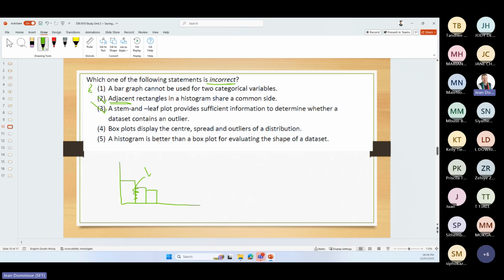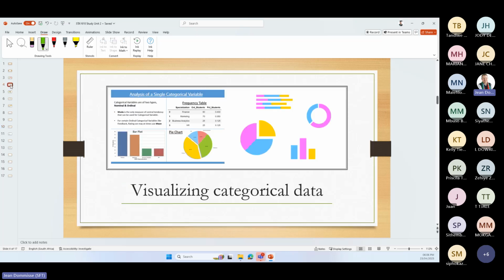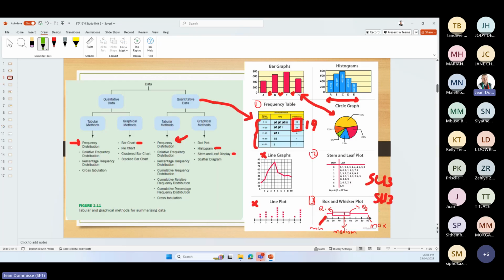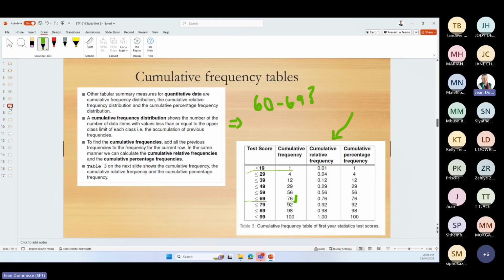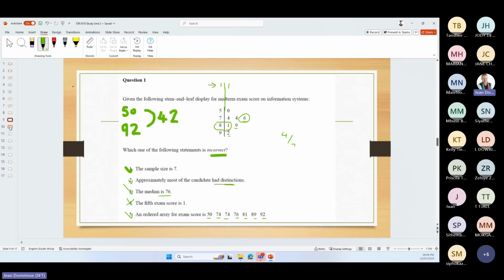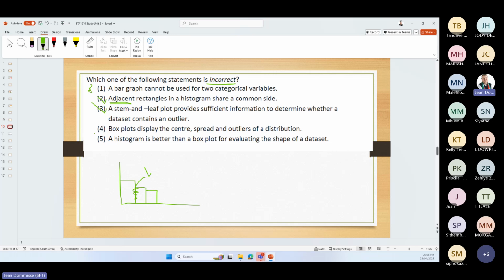Okay, box plots display the center, spread, and outliers of a distribution. So a box plot is exactly the same as this box and whisker plot. So that is what it does. That's why it's also sometimes nice to have some of the summary slides next to you that you can go back to.